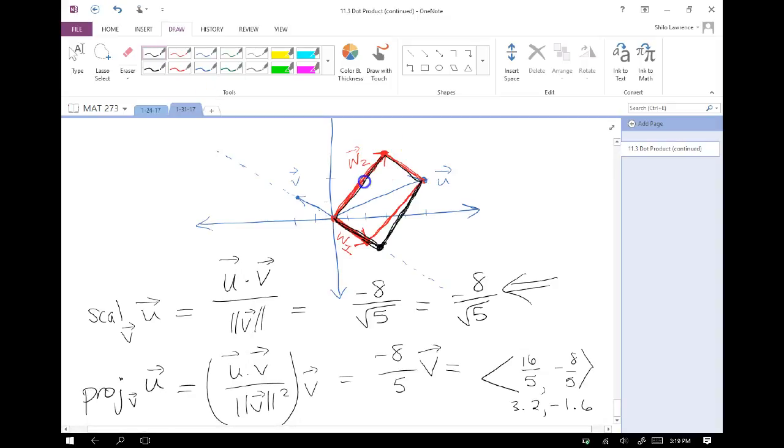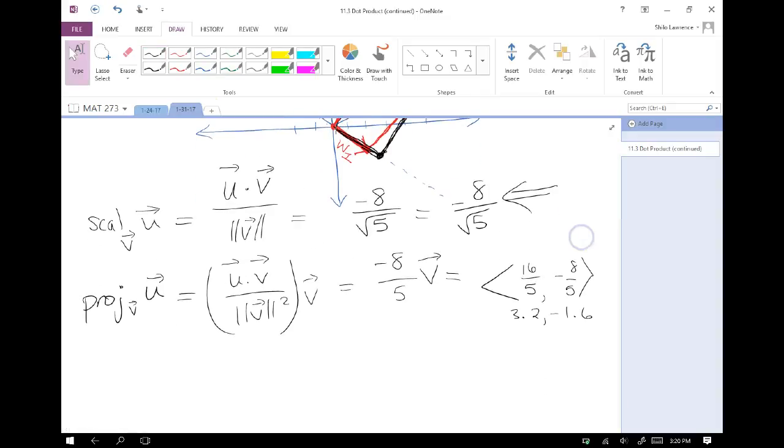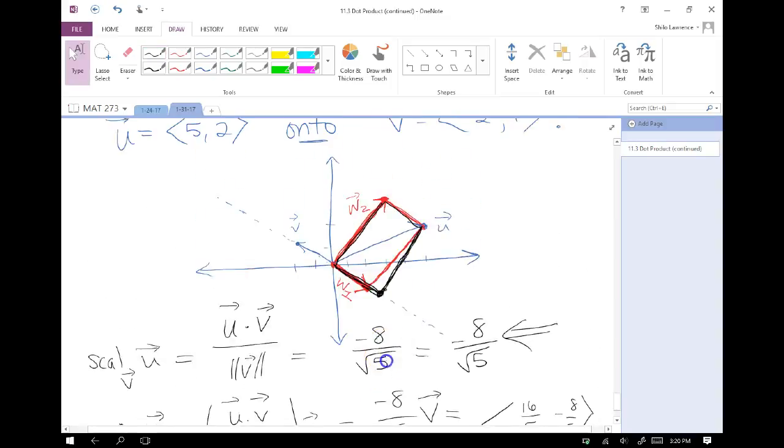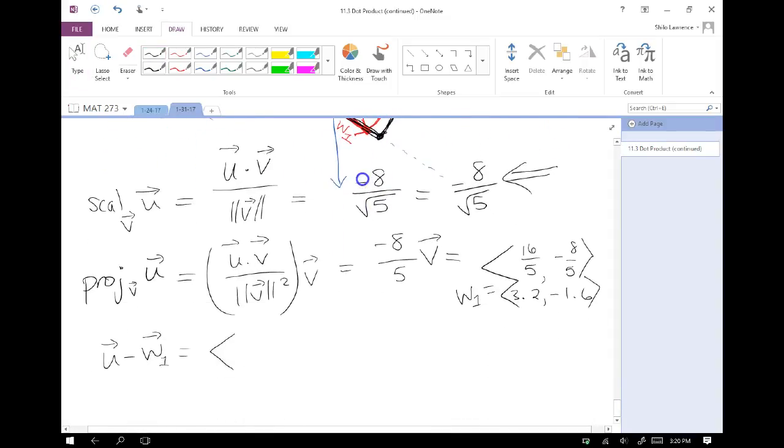And then if we want to know the piece that's orthogonal, we just do u minus w sub 1. Because w sub 1 plus w sub 2 is supposed to equal u. So here's my w sub 1. However way you want to write it. They're terminating decimals, so you could use decimals if you want. We're going to do u minus that. And our u was 5, 2.